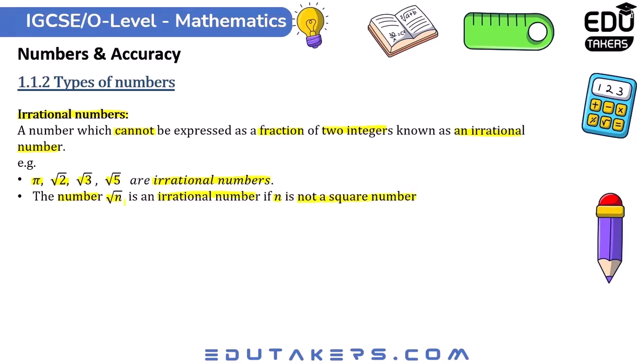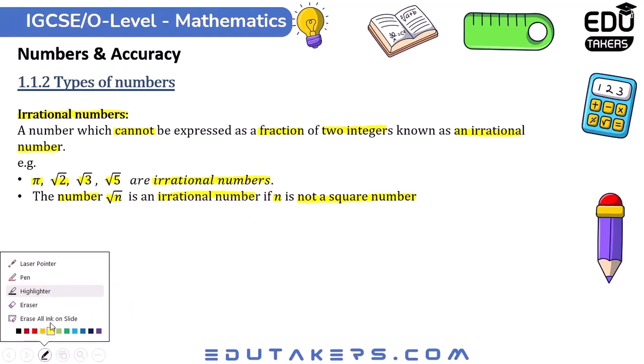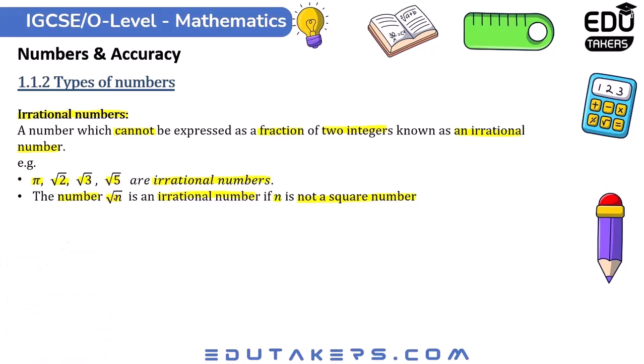But what if n is a square number? Let's discuss this. Let's say n is a square number. So we can assign n a value 4. 4 is a square number because 4 is equal to 2 square. So if n is a square number, then square root of n will be equal to square root of 2 square.